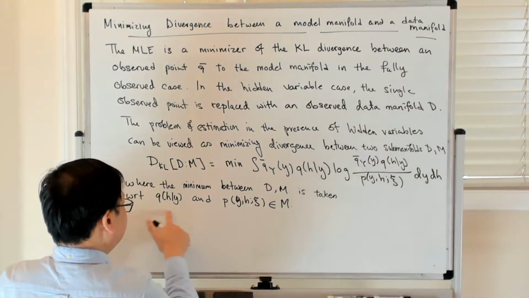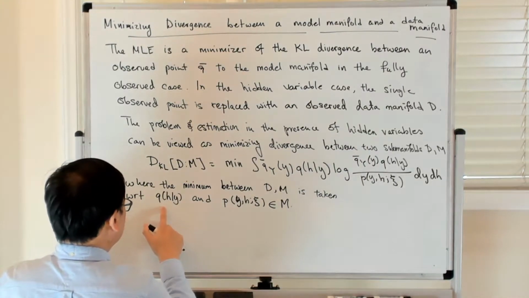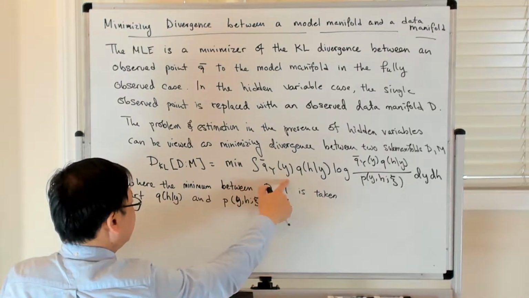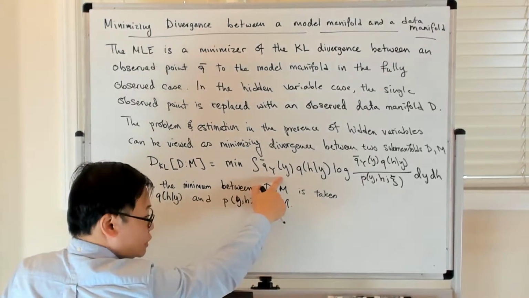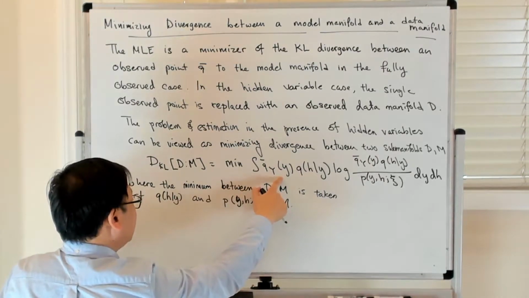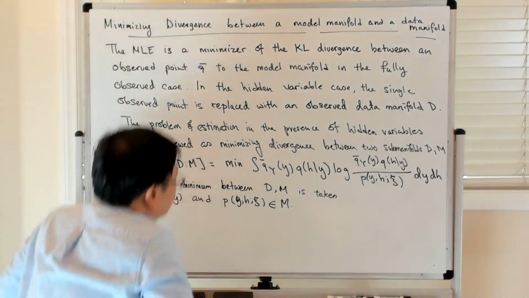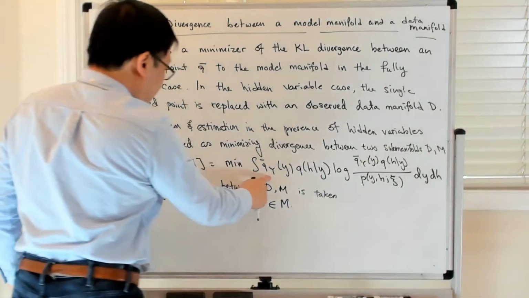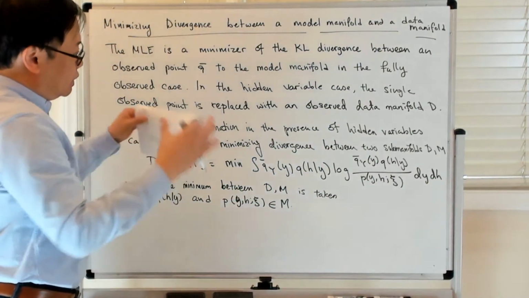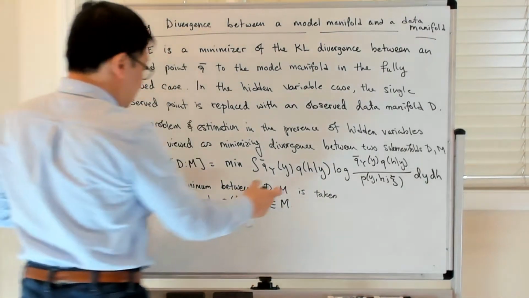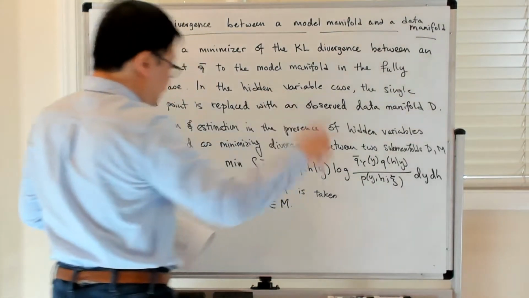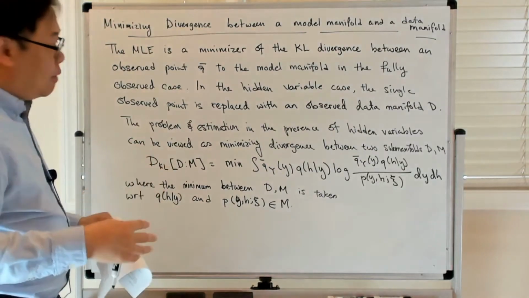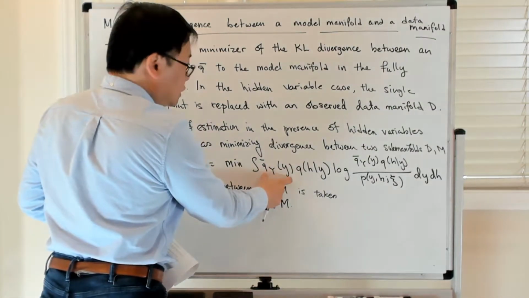There appears to be a typo in the book, because there they are asking you to take a minimum over Q bar, but Q bar is the observation. That's the observed point which comes from the data, and the data manifold is built around it as the set of joint probability distributions which are somehow compatible with this observation.